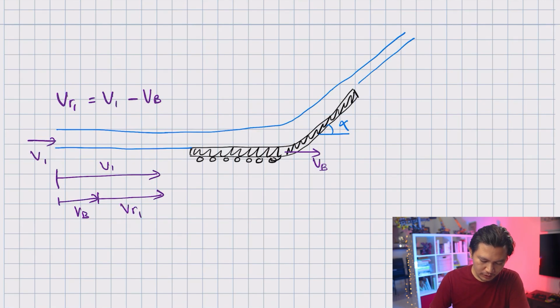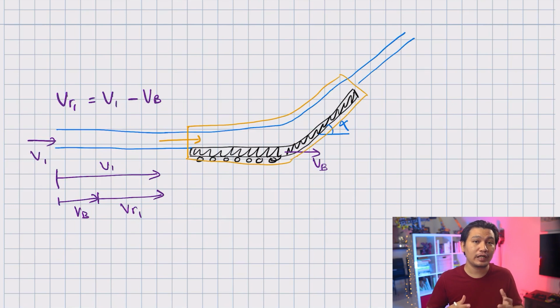So if I draw a control volume that encloses our deflector here, the velocity that goes into this control volume is actually the relative velocity. It is the velocity that the deflector feels. Now, the water is coming at V1, but the deflector itself is moving at VB. So V1 minus VB is the velocity that the deflector feels, and this is called VR1.